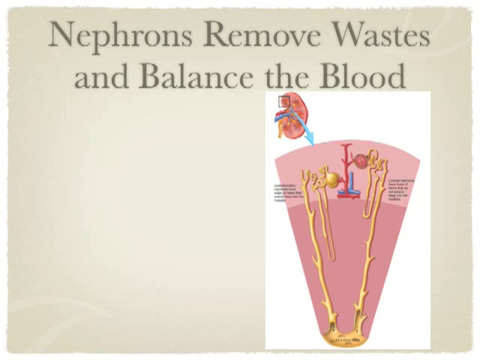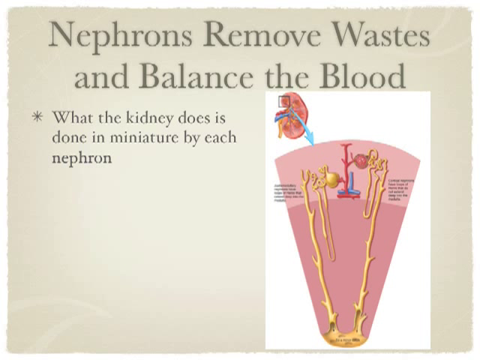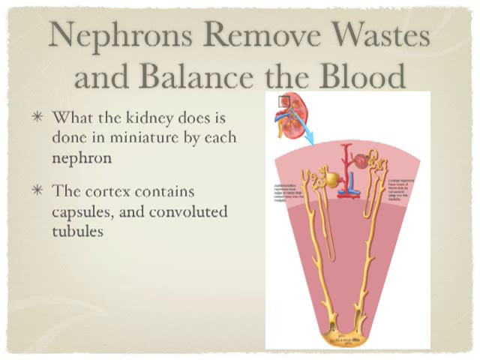So, nephrons are removing waste and balancing the blood. What the kidney does is really what's done in miniature by each nephron. Hundreds of thousands of nephrons. Notice one more time, the cortex contains all the capsules and convoluted tubules, both the distal and the proximal ones, all up in that cortex area.